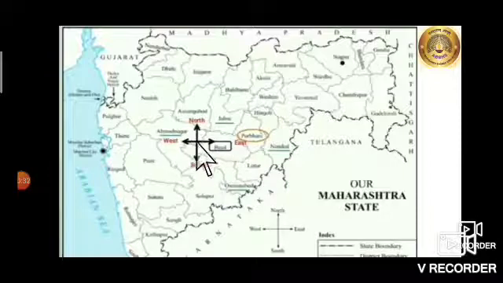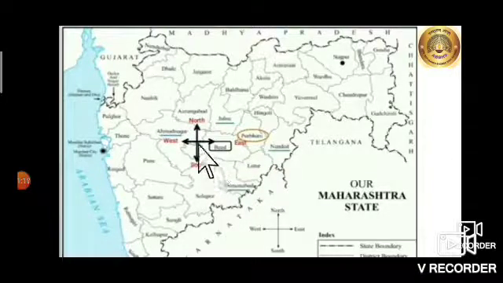Now you have to keep your compass rose on the Beed district and identify the districts that are lying to the east, west, north and south. Now to the east of Beed lies Parbhani district, and to the north lies Jalna district, that is here, and to the west lies Ahmednagar. South is Usmanabad. These are the 4 main directions.